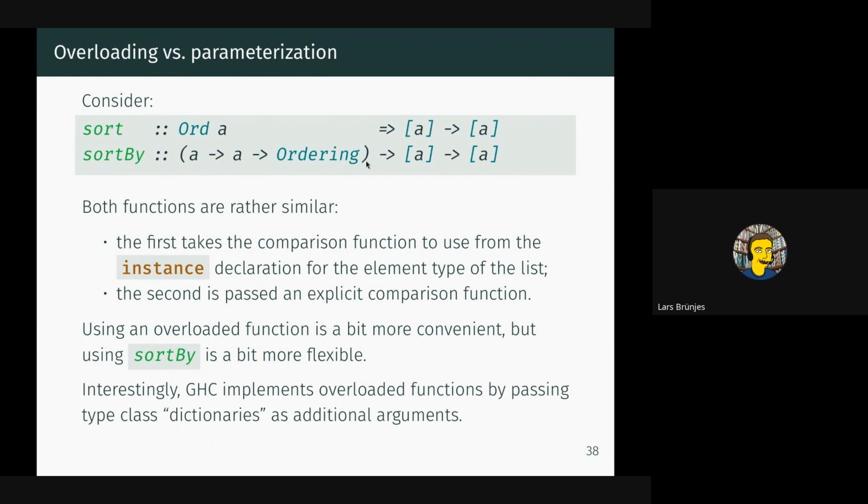So if I'm sorting a list of ints, then there will be something of this type as the hidden argument, which comes from the Ord class. So actually at runtime, these two functions are very similar. In that sense, sortBy is more general. Sort only takes the one instance.